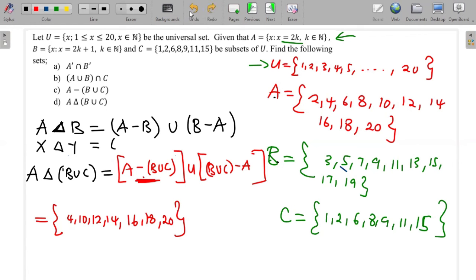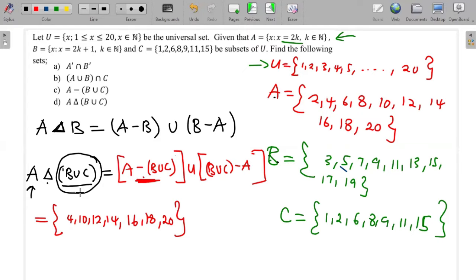Now, from that definition, you have a question? You mean it's A minus B union C, where? On D. When coming up with the formula, here we have the A, then symmetric difference with the B union C. So this whole thing here, we take it as one thing, not as two, like the way the B was there.